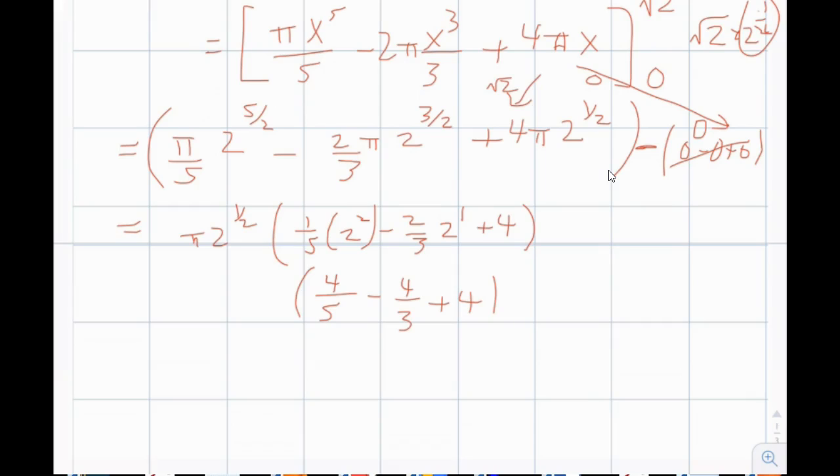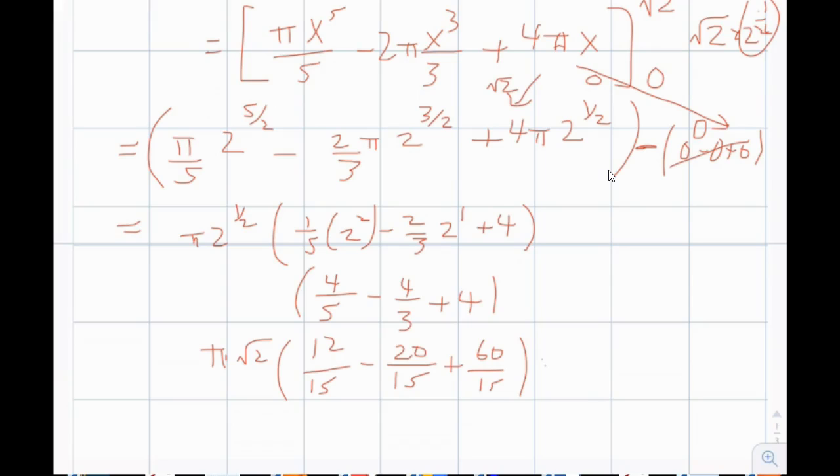The common denominator would be 15. It would be 12 minus 12 over 15. I'm pretending that I don't have the calculator, like it's on a part of the test where we don't have the calculator. 60/15. Okay, and this is all times pi square root of 2.